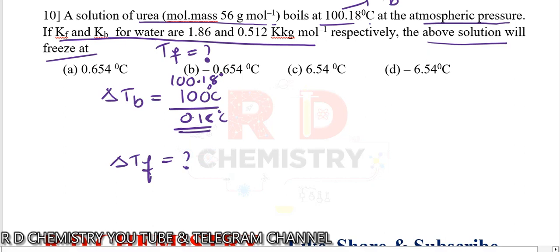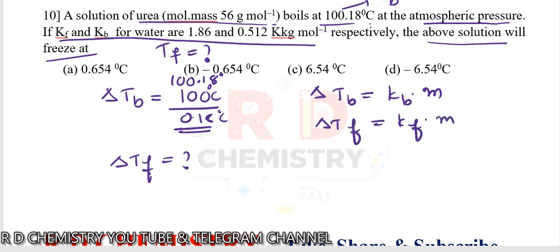You can use the formula delta TB is equal to KB into molality, and delta TF is equal to KF into molality. We can calculate delta TF, and you know that the freezing point of pure water is 0 degrees centigrade.